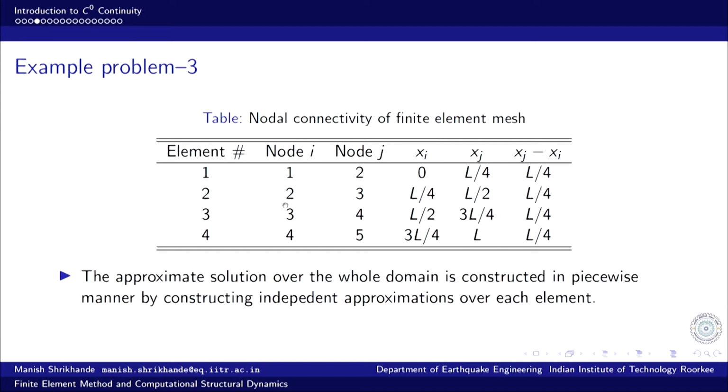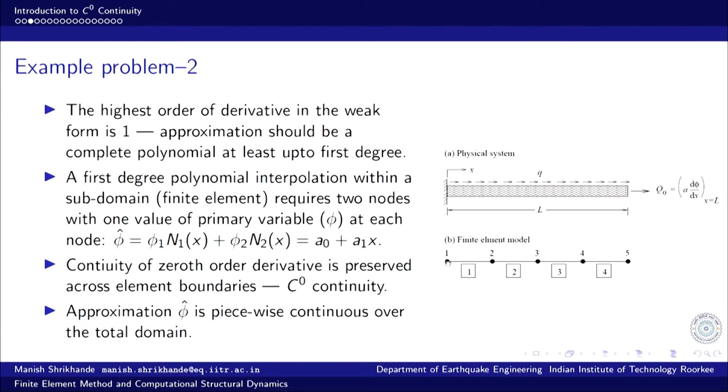So, this is the finite element mesh. For element number 1, node I is node number 1, node j is node number 2. For element number 2, node I is node number 2 and node j is node number 3, and so on.